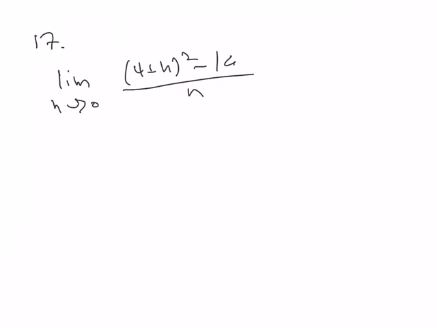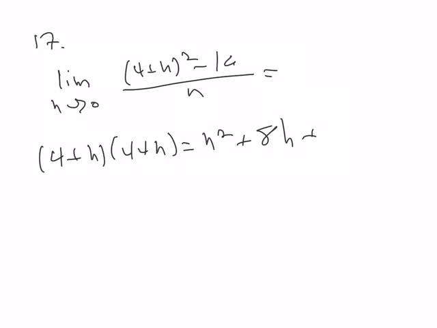So the next problem we're going to do is problem 17, which is the limit as h goes to 0 of 4 plus h squared minus 16 over h. So we're going to have 4 plus h times 4 plus h, which is equal to h squared plus 4h plus 4h plus 16.